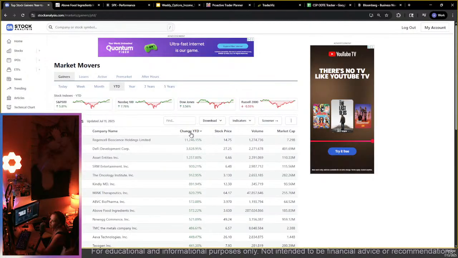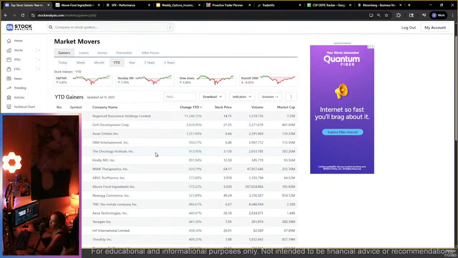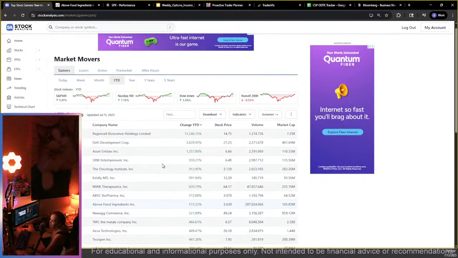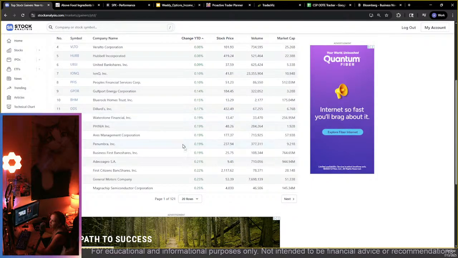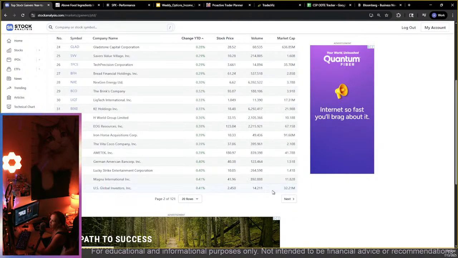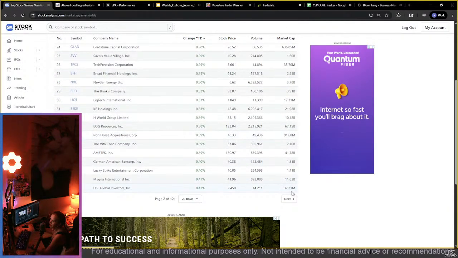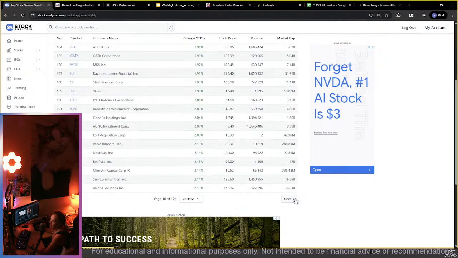See the biggest change. Regenicell Bioscience Holdings, DeFi Development Corp, SRM. These are all like little penny pumpers. These are all your possible... I don't want to see stuff that's up maybe with the market.